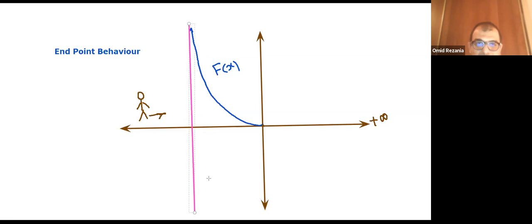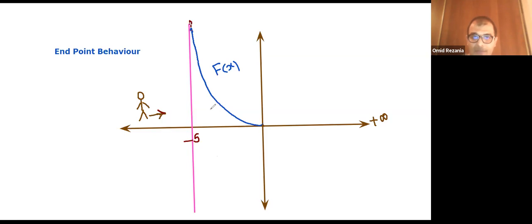It shows you that for the function which I'm plotting, when Tom is getting close to a point, let's call that point 5, he sees that the function is going all the way up there. He cannot essentially see where the function is going to be presented along the y-axis. It goes all the way up there.